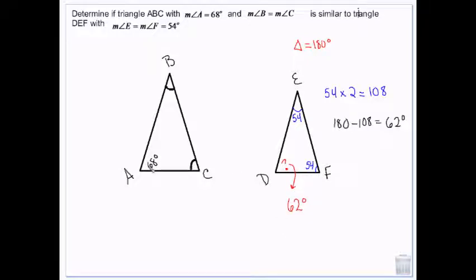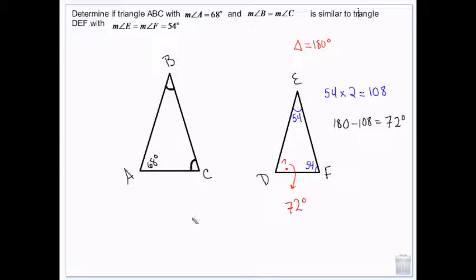Now, is there any way that these triangles... 72. Thank you. Good catch. So, 72, right? So if this is 72 degrees, is there any way that this and this are similar?